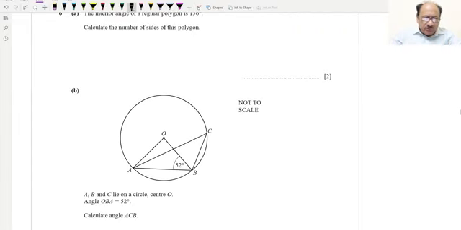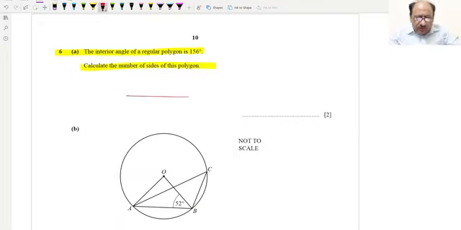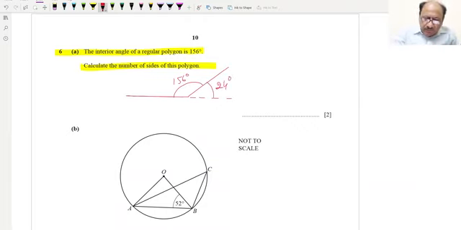Now we can go ahead with question number 6, and question number 6 says a part, the interior angle of a regular polygon is 156. Calculate the number of sides of the polygon. So we can understand this by drawing just a small drawing like this. Consider this interior angle is 156 degrees. It means the exterior angle will be like this, and the exterior angle will be 24 because this is a straight line.